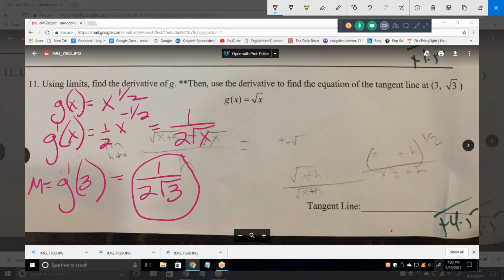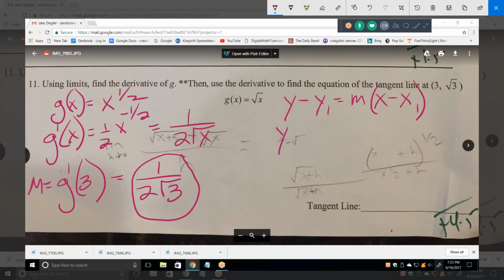So what's the general format for point slope? It's y minus y1, equals the slope, times, in parentheses, x minus x1. Now fill in everything we know. We have the slope.